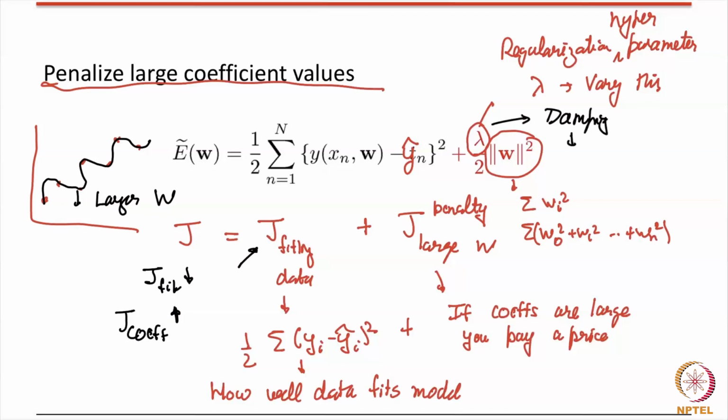This kind of damping has several names. It's called Tikhonov regularization, after the name of a scientist, Tikhonov. It's also called ridge regression. It has other names also. It's also called L2 regularization.